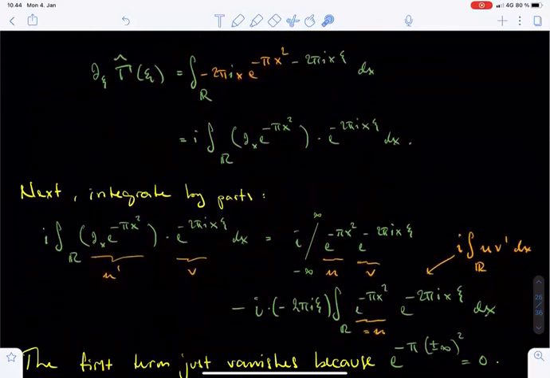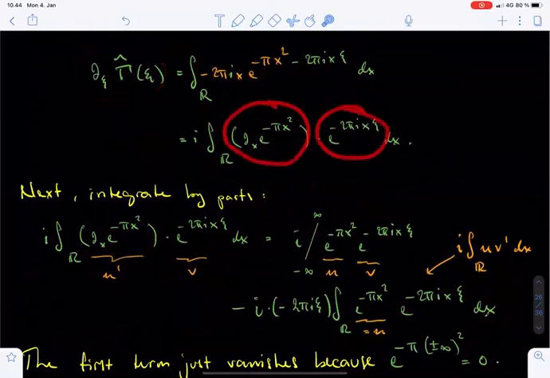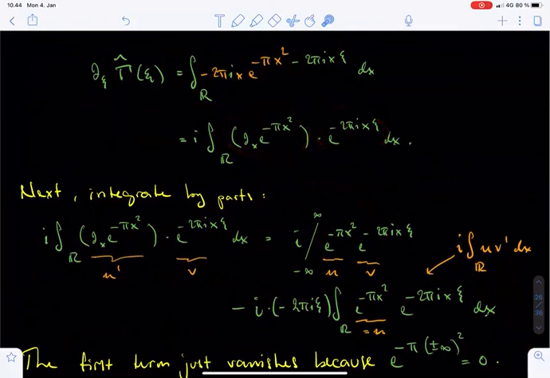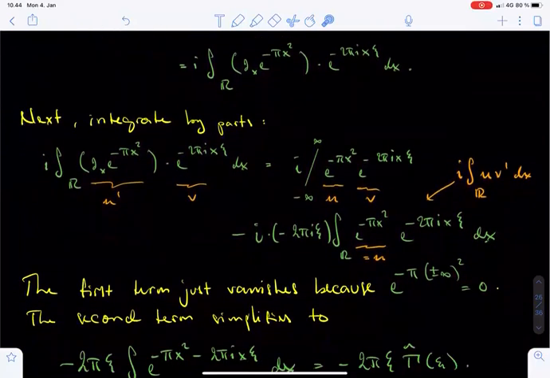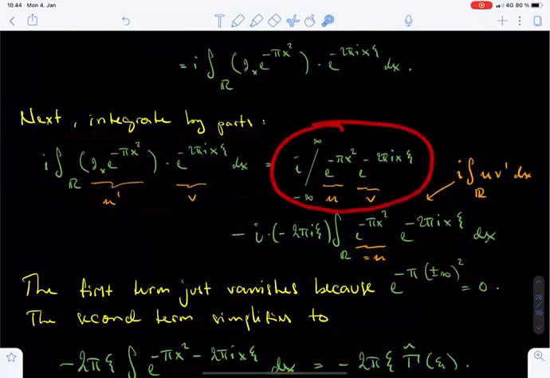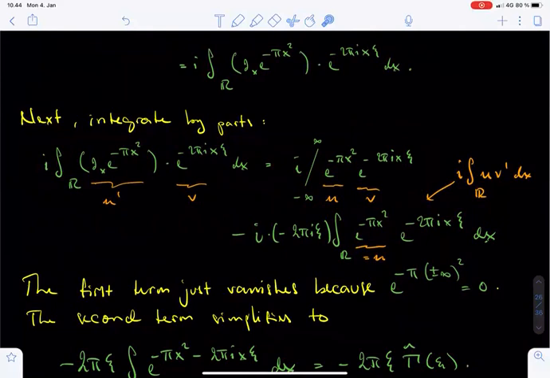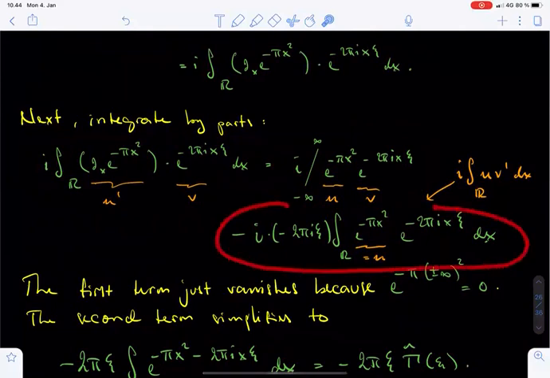Now we have written the xi derivative of hat gamma at xi as an integral of a product of two functions, one of which is a derivative. These functions might be denoted u prime and v. Whenever you see such an integral, you should try integrating by parts. We do exactly that, and we find that the previous integral equals a certain boundary term, namely u times v evaluated at infinity minus u times v evaluated at minus infinity, minus the integral over R of u times v prime.